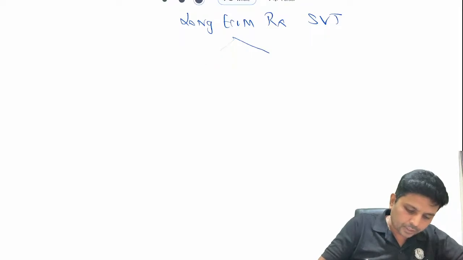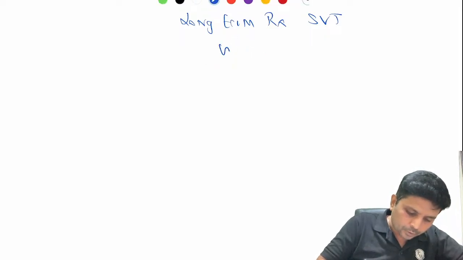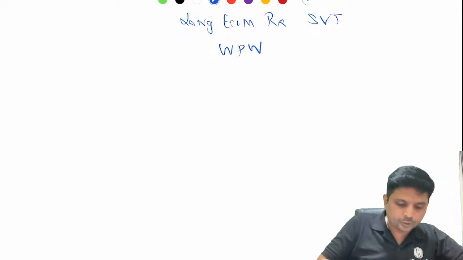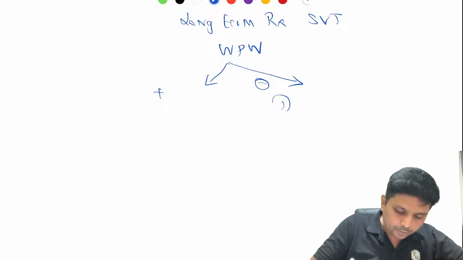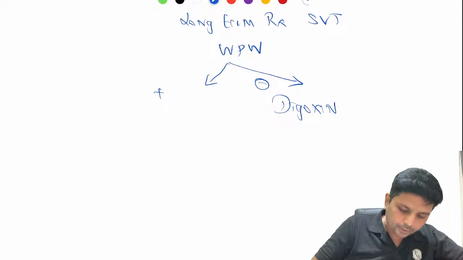You need to ask whether WPW syndrome is present or absent. When there is no underlying WPW, you can give either digoxin or propranolol.